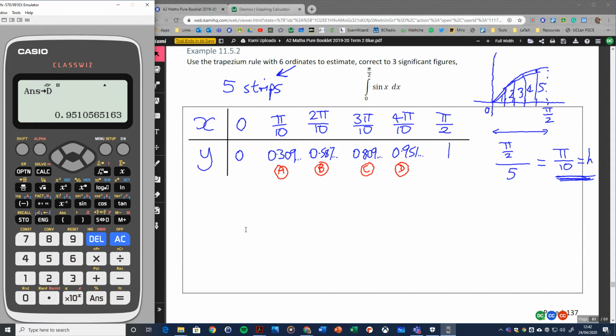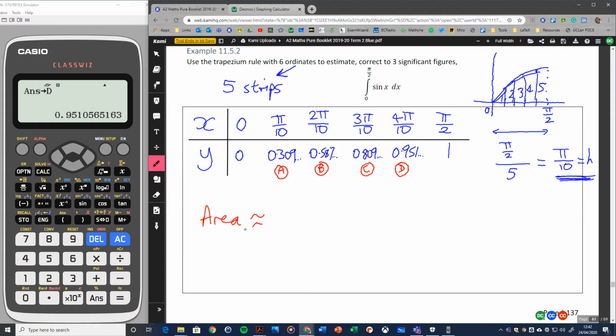So now to the formula. So this area will be approximately, the formula says half times h to begin with. I worked out h is pi over 10 earlier. And then we have brackets that open and don't close until the very end. y0 plus yn is first, so that's our first y value plus our last y value.